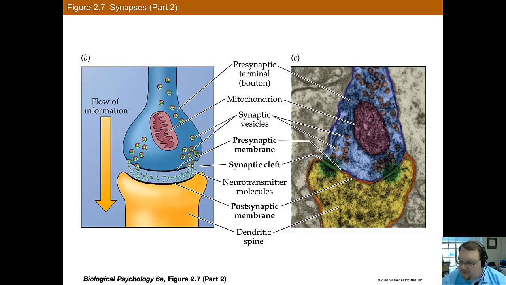Presynaptic membrane down here. And this is where the vesicles go down and dump out all the neurotransmitter that then goes into the synaptic cleft, which is this space in between. They connect to receptors that are on the postsynaptic membrane, and then the information is sent down the dendrite.